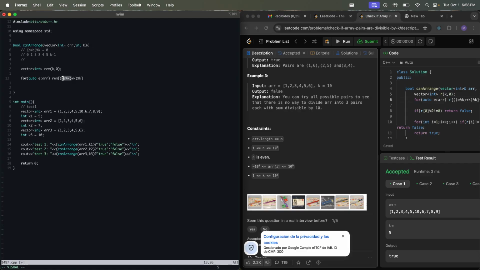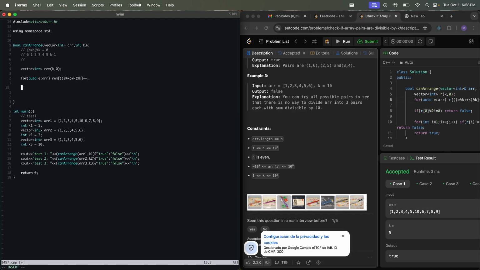In that way, if this gives us a negative number, that negative number will be less than k in absolute value. After we sum k, then we know that this number is already positive, and if we obtain the remainder again, basically it will be the same remainder, but instead of having a negative, we're going to have a positive number.